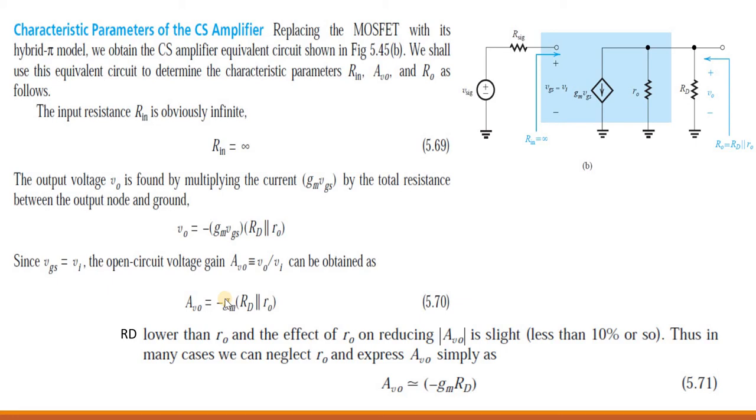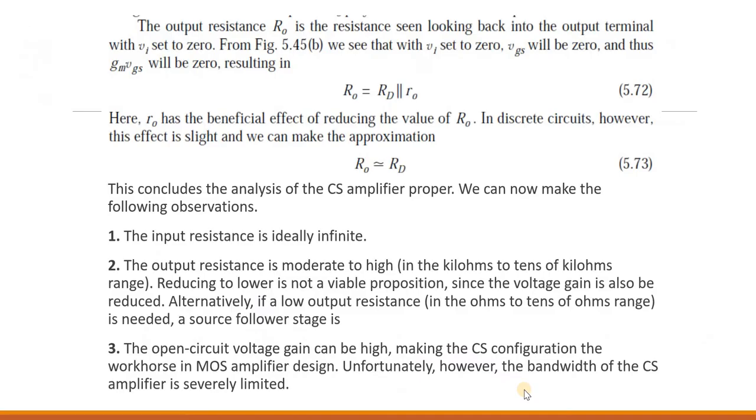So the open circuit voltage gain is minus gm RD parallel to r0. Since the small letter r0 is very much larger than RD, AV0 is approximately equal to minus gm into RD. Next is the output resistance. The output resistance is RD, the drain resistance, connected in parallel to the output resistance r0 of your MOSFET. Since r0 is much larger than RD, Rout is nearly equal to RD.